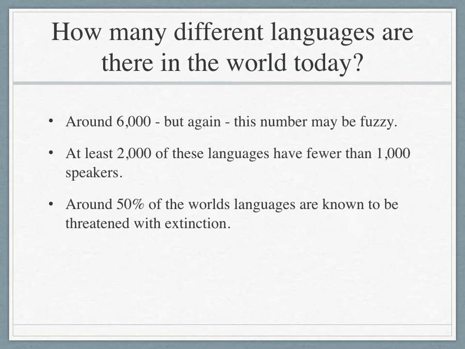Now, at least 2,000 of these languages have tiny groups of speakers and are known to have fewer than 1,000 speakers. And according to your textbook, around 50% of the world's languages are known to be threatened with extinction, which is alarming but also fraught and controversial. Why is that accelerating?